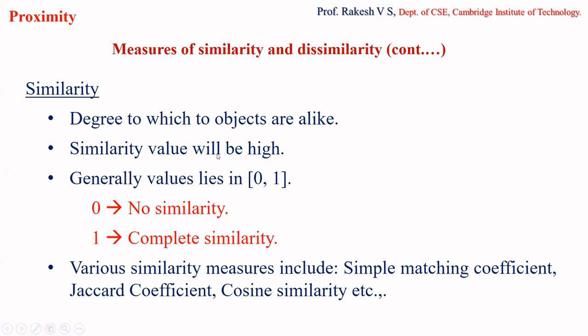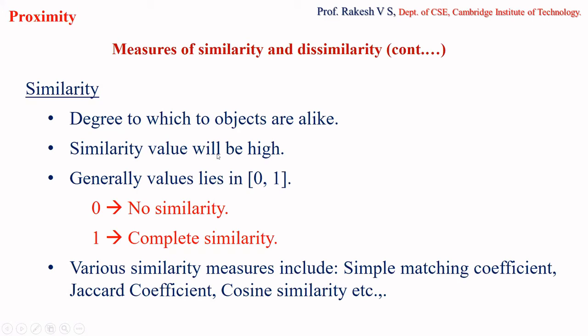If the values are not lying between 0 and 1, and it is having some other values, in such cases we can apply transformations as we have studied, and we are going to study them further in this same topic. We'll see how to reduce it to 0 and 1.